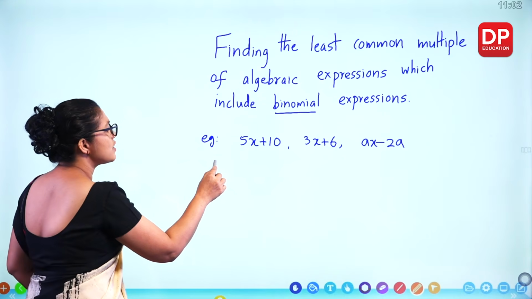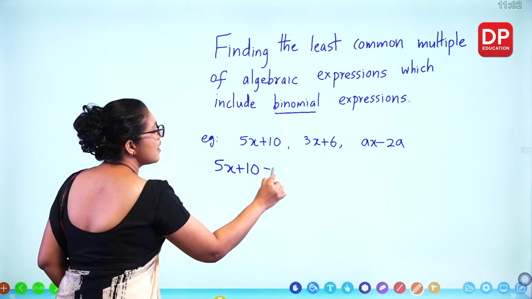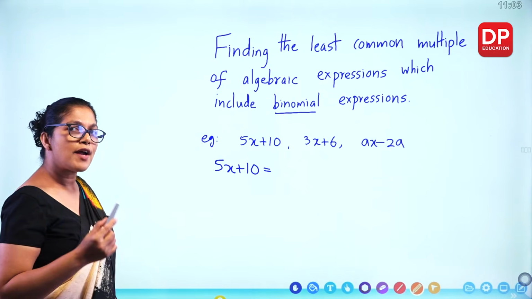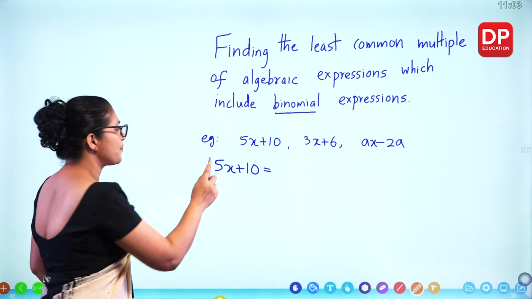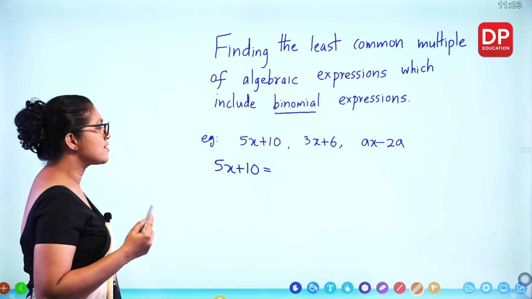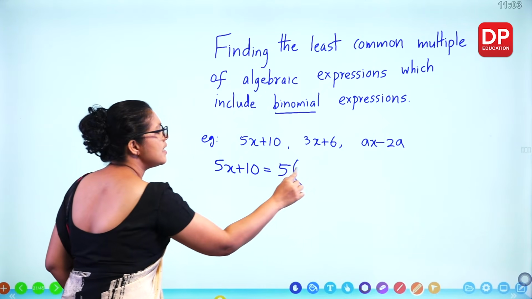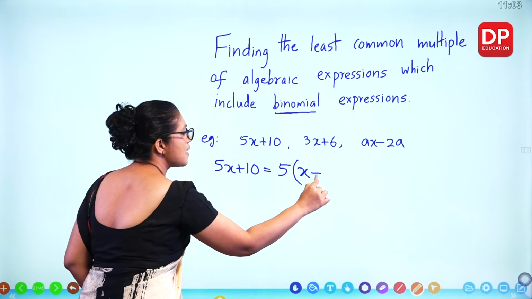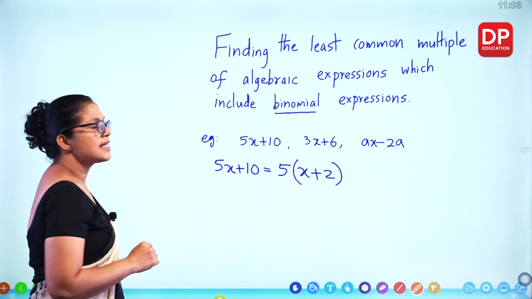So when you take this expression, 5x plus 10, how can we factorize? Factorize means making brackets. You take the common term out. 5 and 10, what is common? I can take 5 out and write this as x plus 2, because 5 times 2 you get 10.